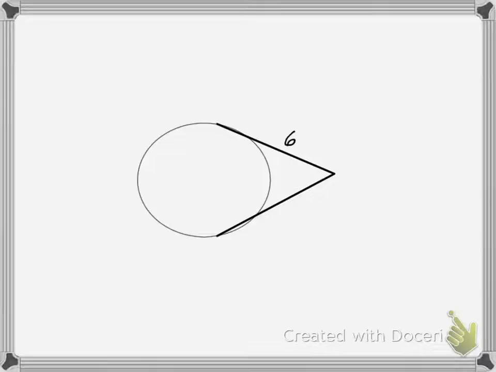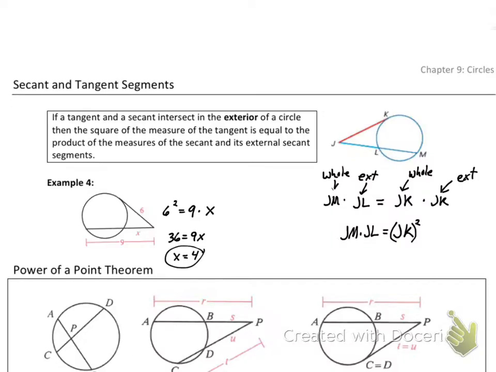If this was 6, that would have to be 6. And it has to be true for the same reasons the other ones are true. It still follows that segment times whole. If I had segment times whole, it'd have to be 6 times 6 on one side, which would mean the other side would have to be 6 times 6 as well. So we don't need a third rule. We already have that one.